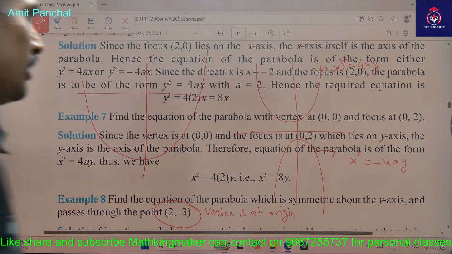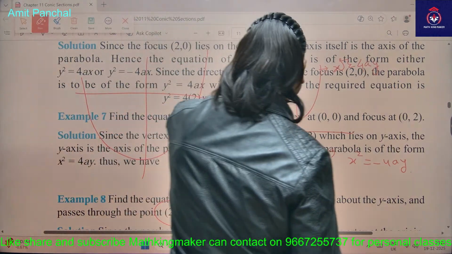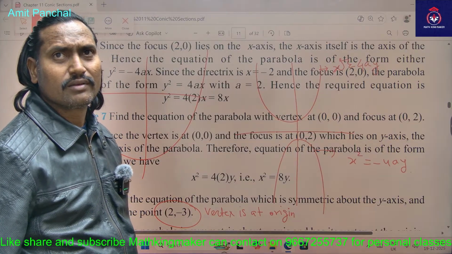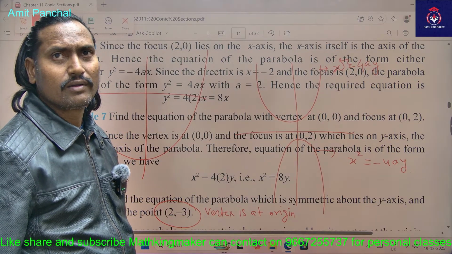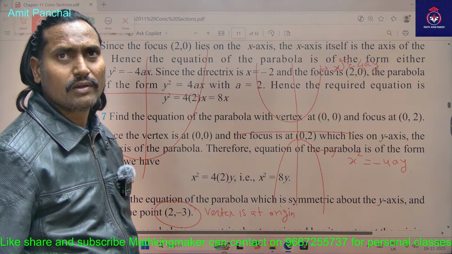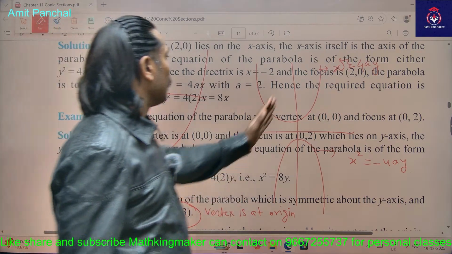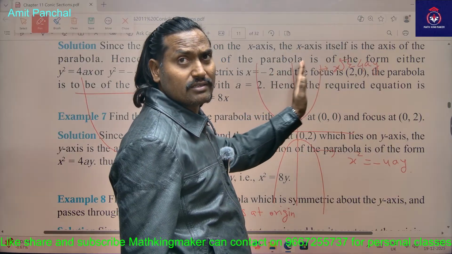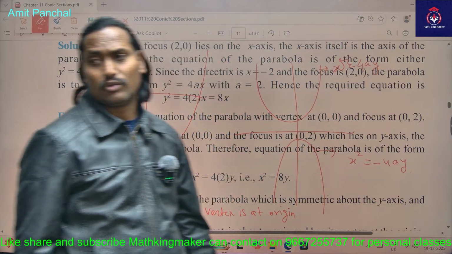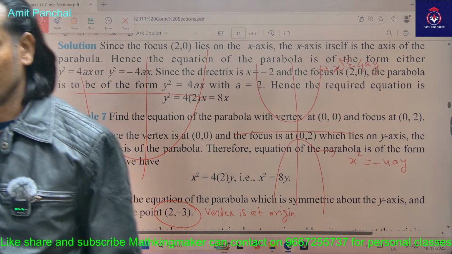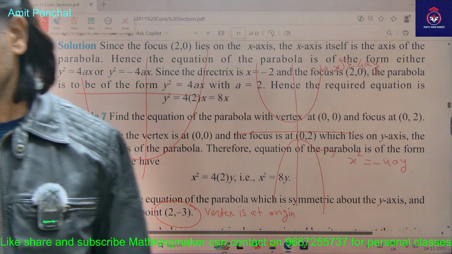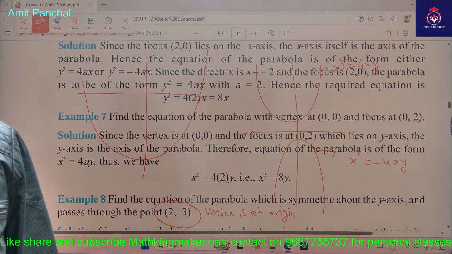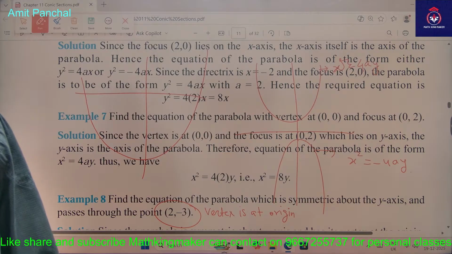No, it will be symmetrical about the y-axis. See, on the left side of the y-axis or the right side of the y-axis, you have the same type of shape. So that is symmetrical about the y-axis.